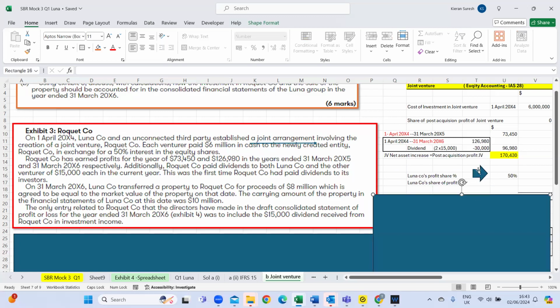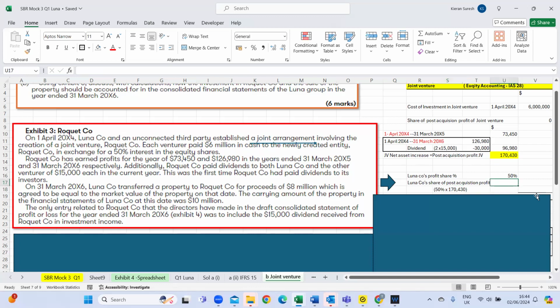So what was the profit share, right? Luna Company's share of post-acquisition profit is equal to, simply, we just need to find out the 50% of 170,430, right?